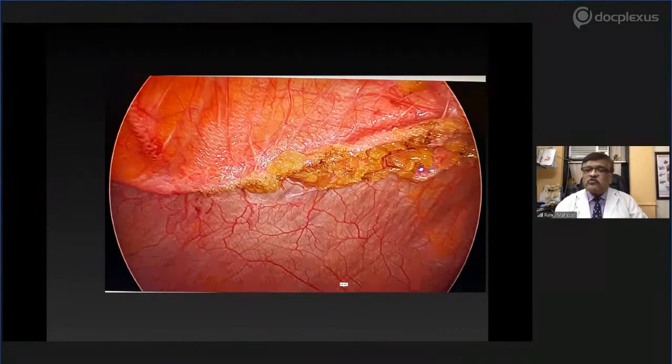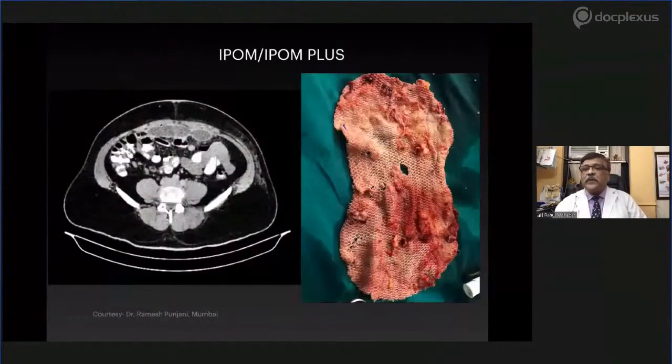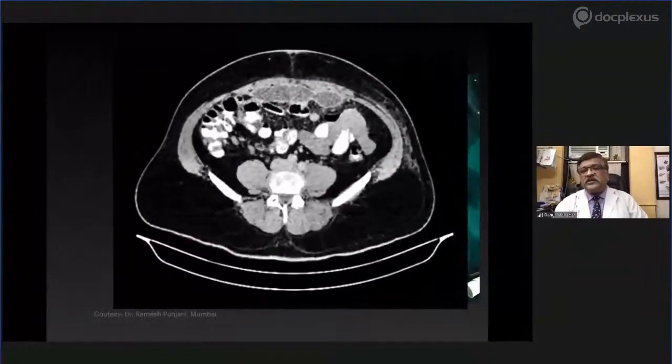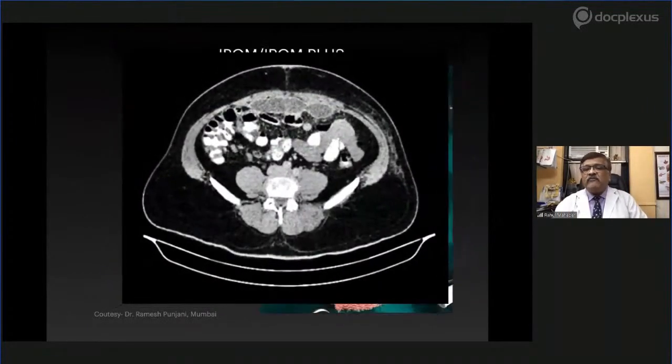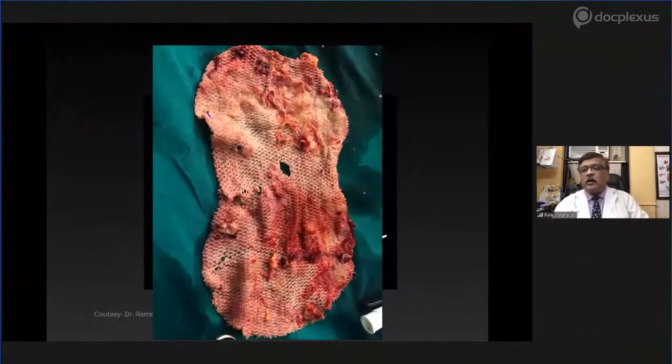This is the most important thing as compared to IPOM, because in IPOM patients you can see the seroma formation which got infected, the bowel was adherent to it, and then we had to remove this particular mesh from the abdomen. These slides have been given to me by Dr. Ramesh Punyani from Mumbai, and I'm very thankful to him for that.